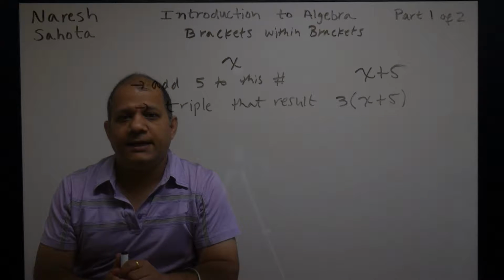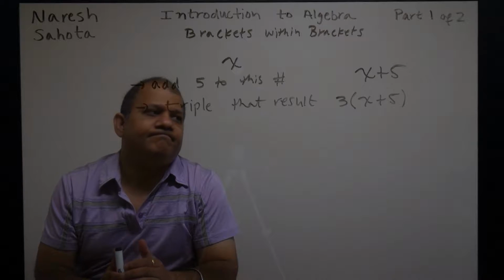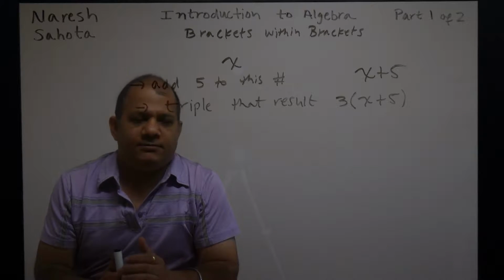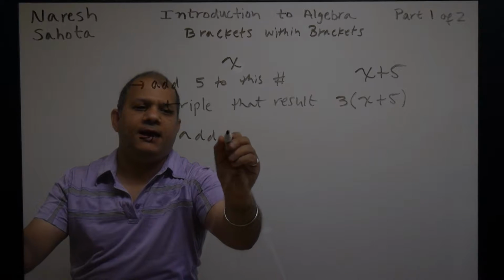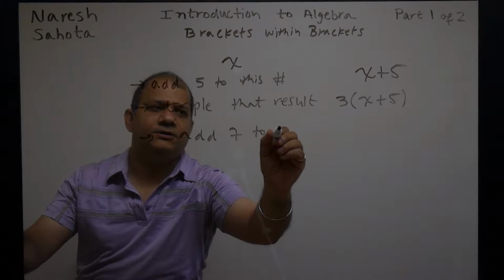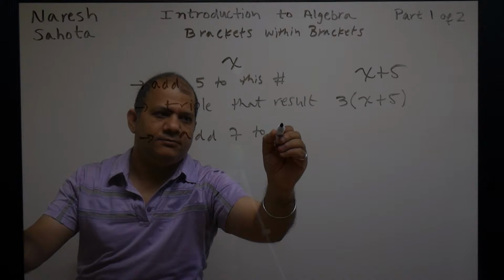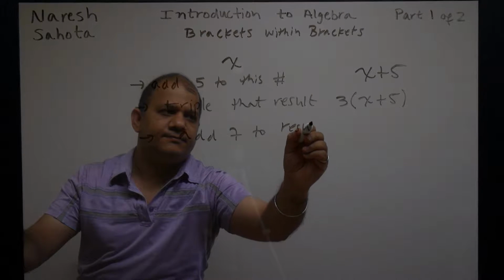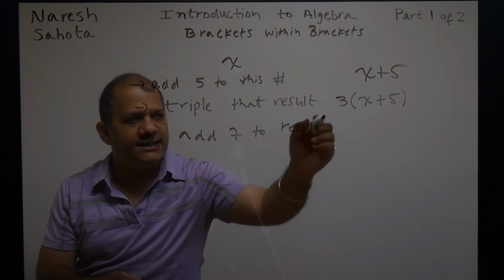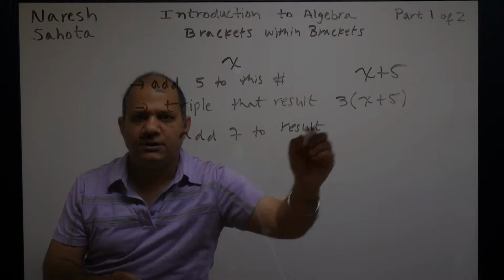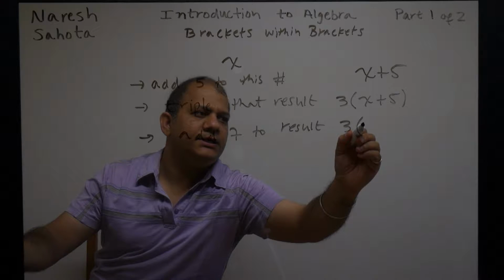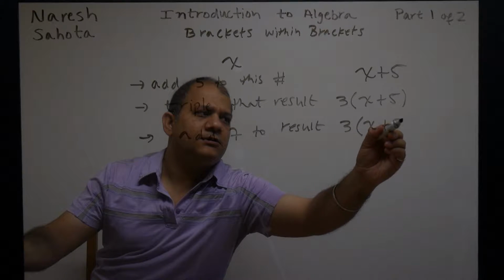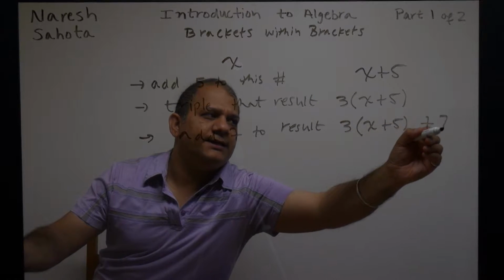And now we can say, let's add 7 to the result. So now we say add 7 to this result. When we add 7 to this result, the expression would look something like this: 3 times x plus 5, and now we're adding 7.